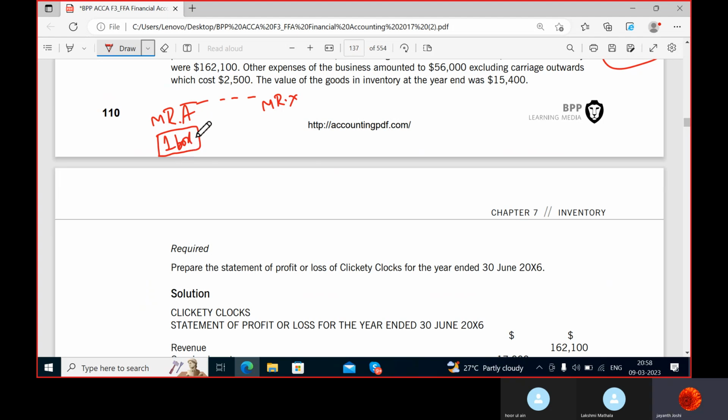This box needs some packaging, some labeling or something, and everything is done here. Now this box, so what cost Mr. A has incurred for bringing this box? The purchase price, the purchase cost and the carriage inwards. So these two added together, can I say this is the total purchase cost? Please tell me.